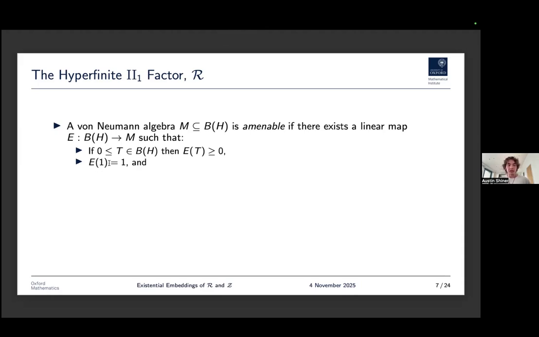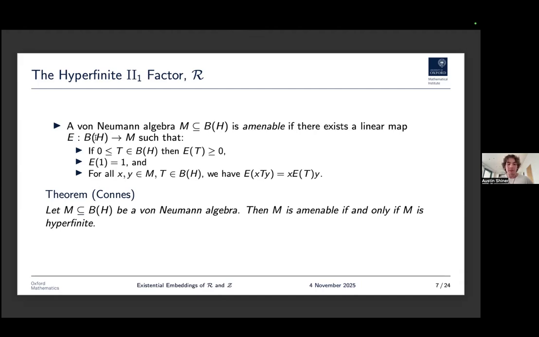Secondly, it's unital, and E is what we call an M bimodule map, which means if you have two elements, x and y in M, and some linear operator T on B of H, then E of xTy is equal to x E of T y. We call such a linear operator E a conditional expectation onto M.